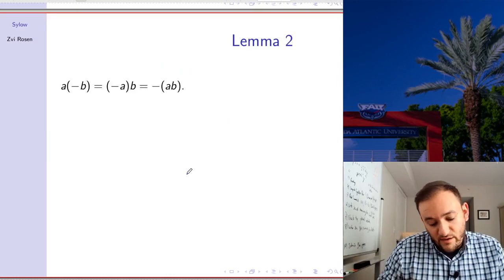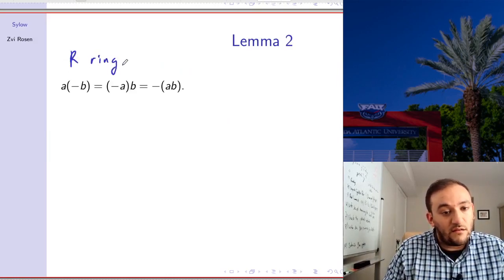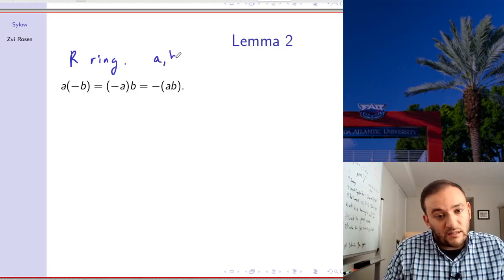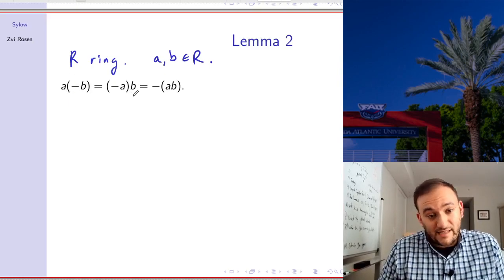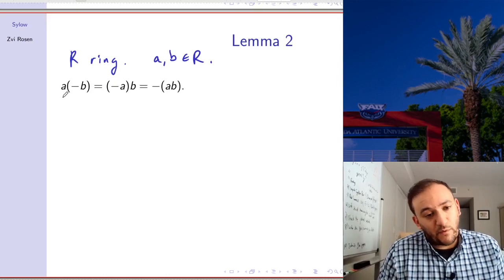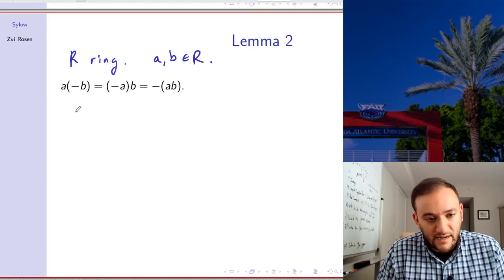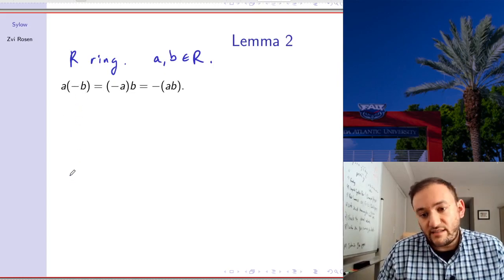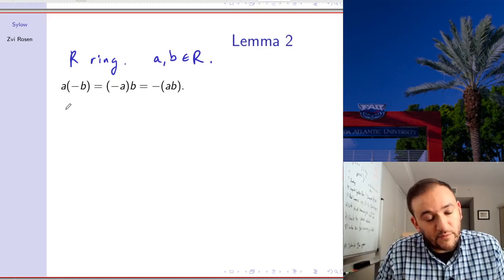Okay, here's another one. Now we have R is a ring, A and B are in R, and we're going to claim that A times minus B equals minus A times B equals minus AB. Here we're going to use the fact that the minus operation defines the additive inverse, and that's all we're going to use.